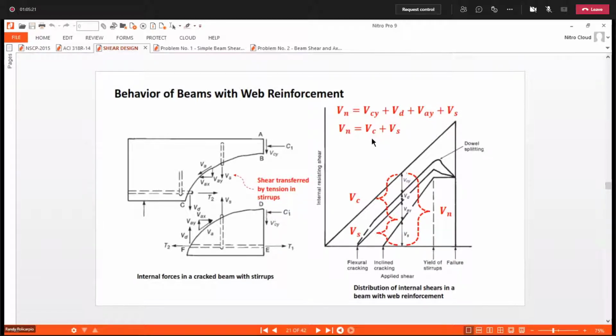Those are the internal forces due to the concrete and due to the longitudinal reinforcement. Our VS is due to the shear reinforcement, so we separated it. And the sum of this shear is known as VN. Okay, that is our designation.